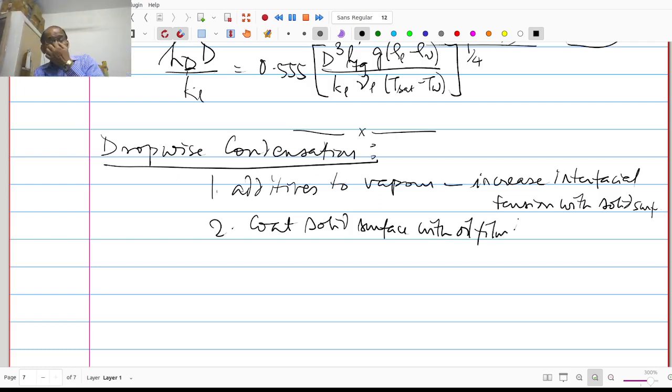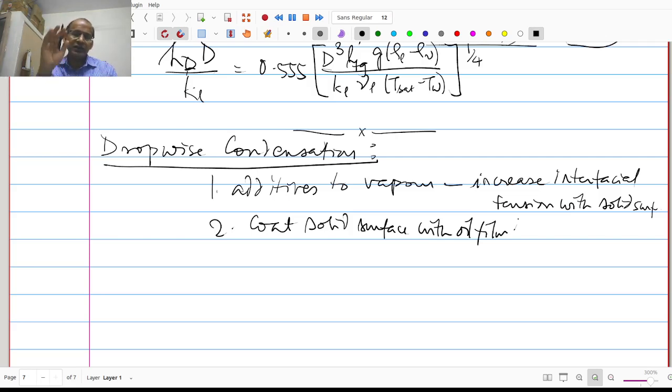Okay, but both of these methods actually are not infallible, because as the liquid condenses on it and then flows down, it just wears away the surface coating, and therefore it's not effective.